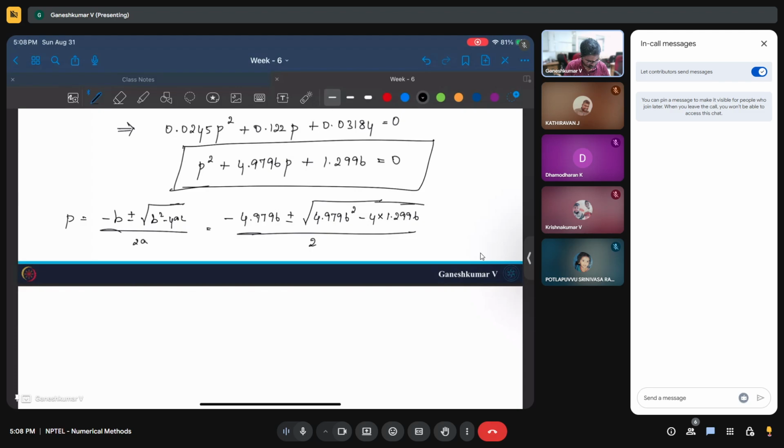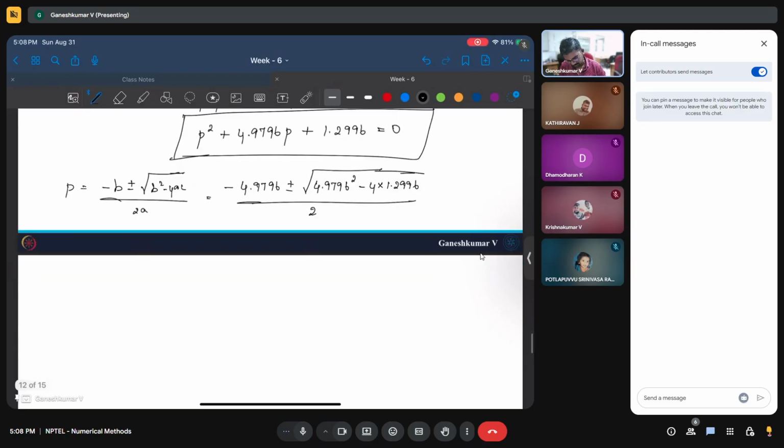Let's see if I did the arithmetic right. 4.9796 square minus, let's see, 4.42696.